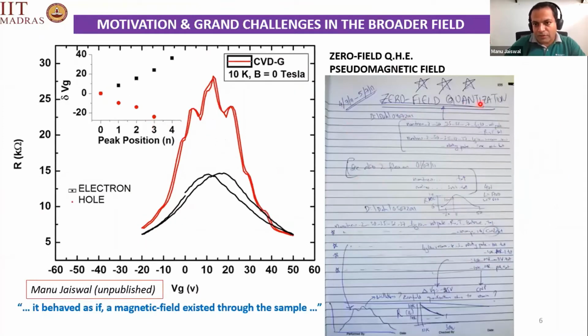I made a record of this in my lab book: Zero Field Quantum Hall Effect from Pseudomagnetic Field. And we could not publish it because it was not a reproducible thing. We got it by accident. But this is probably the only known record I know of a transport experiment showing zero field quantum Hall effect.